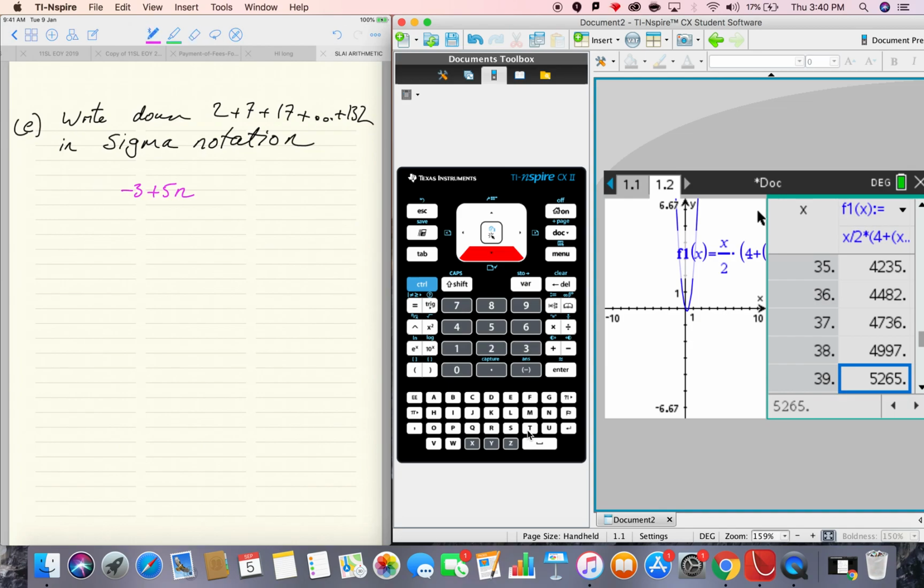We put that there, and then we put the sigma around the front, and then we've got to feed in the n values. So we need to feed in the n value of 1. When we feed 1 in, what do we get?